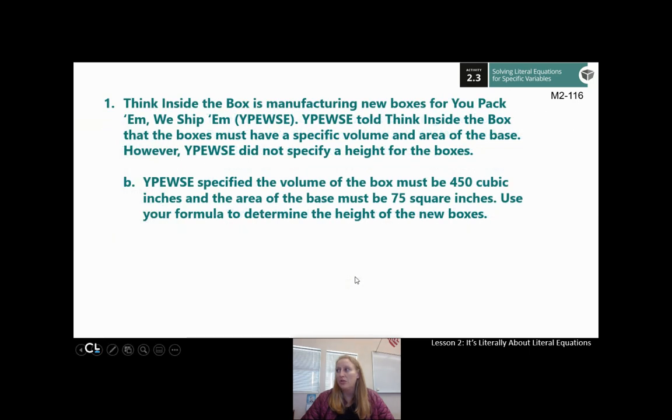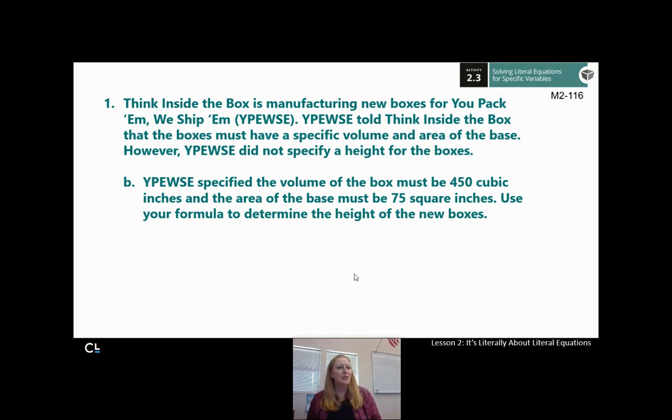So now that we have this lovely formula, which is a great formula, "You pack them, we ship them" specified that the volume of the box must be 450 cubic inches. They said, look, this is the most that we can pack into our boxes. And the area of the base, so the area of the bottom, that length times width, must be 75 square inches.